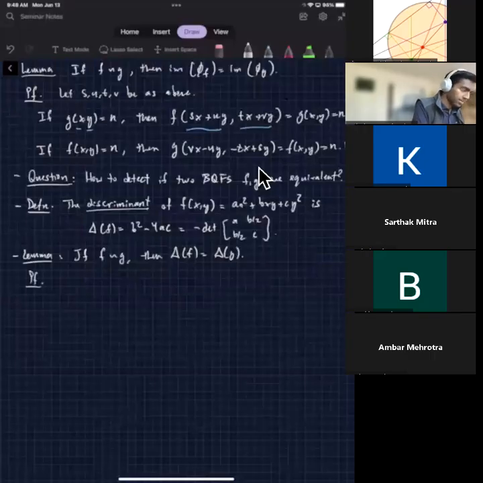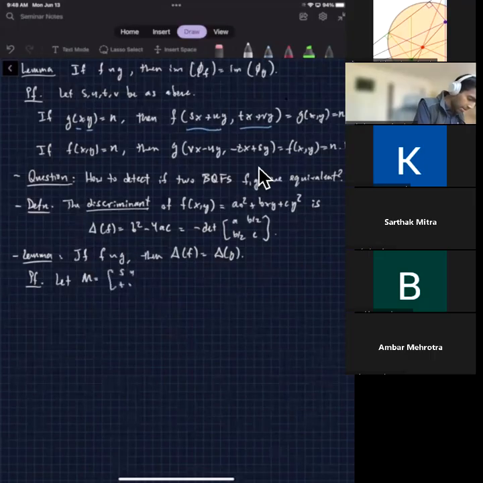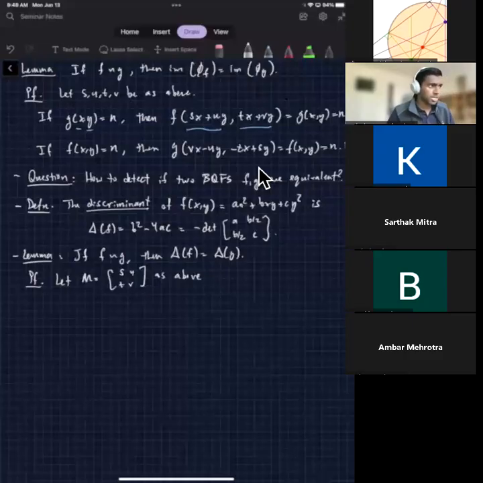Okay, so let M be the matrix as above, relating g to f. Then the discriminant of f is minus the determinant of the matrix (a, b/2; b/2, c).